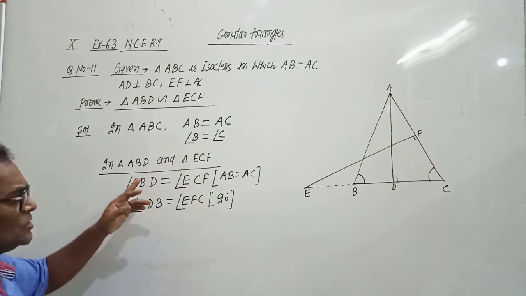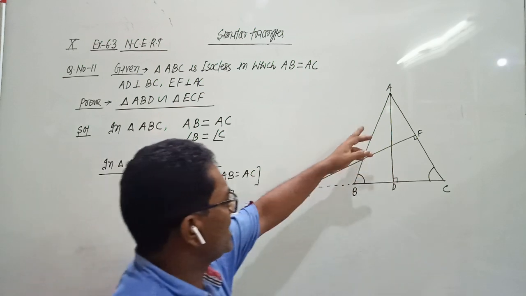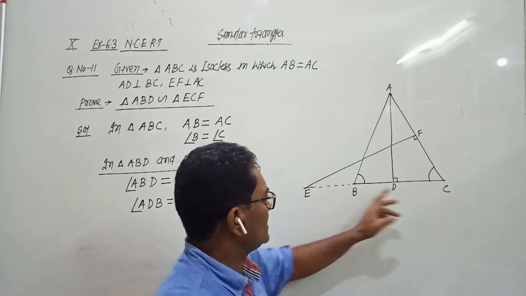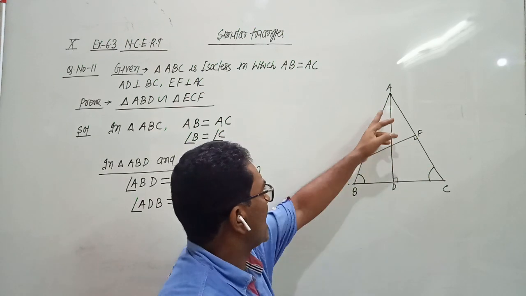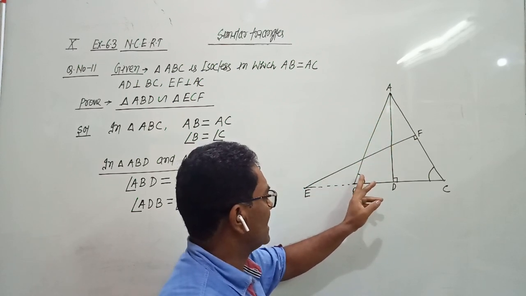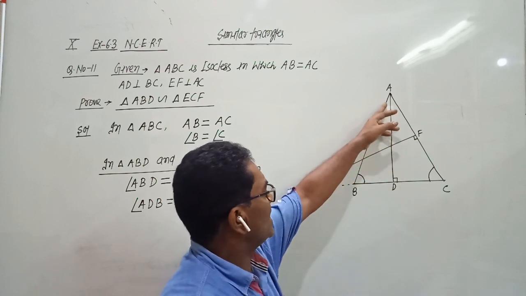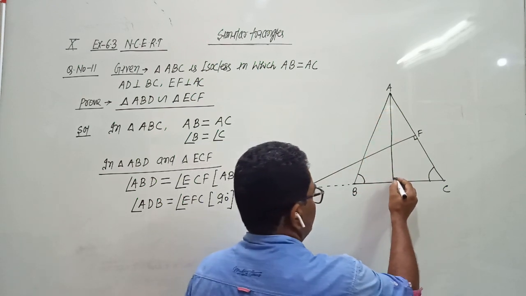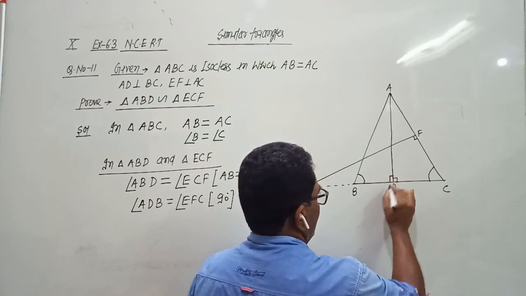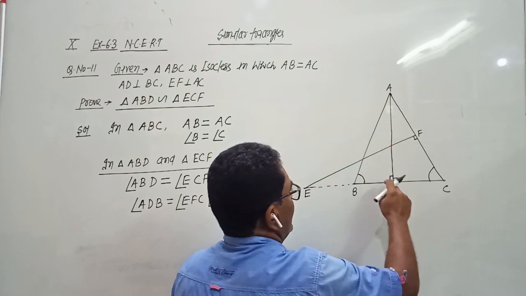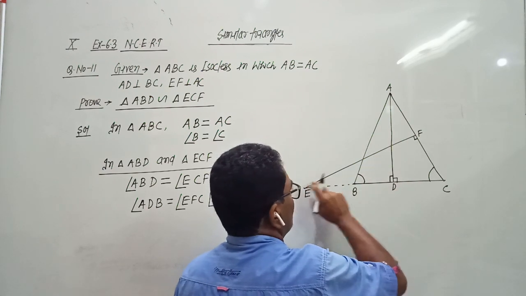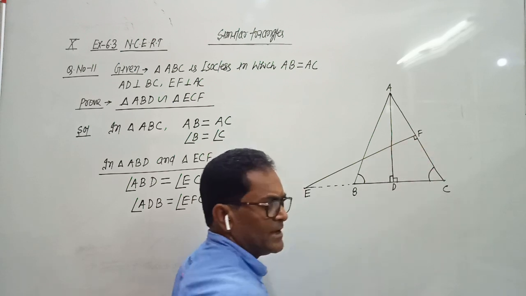So in these two triangles, ABD and ECF, angle ABD means angle B is equal to angle ECF, angle C. And angle ADB is 90, and angle EFC is also 90 degrees.